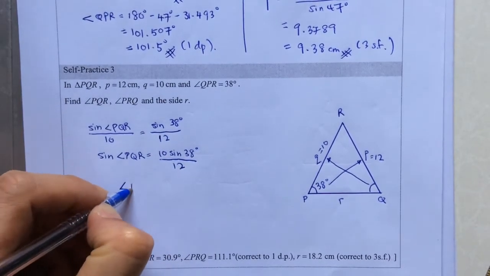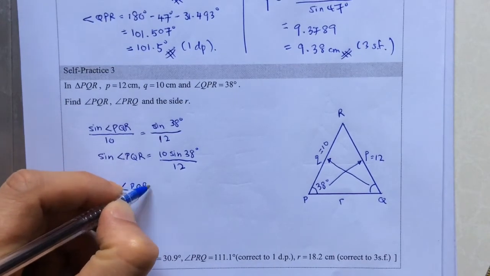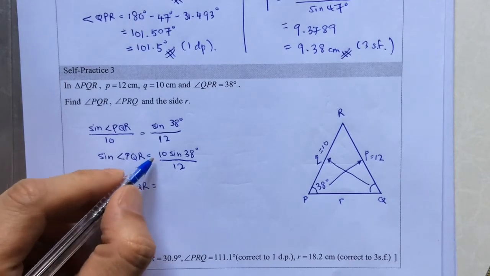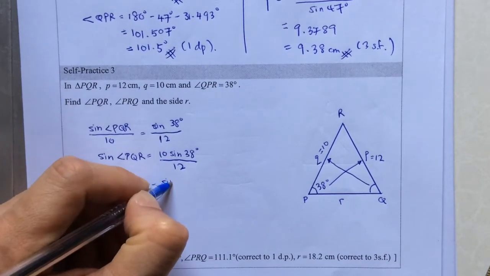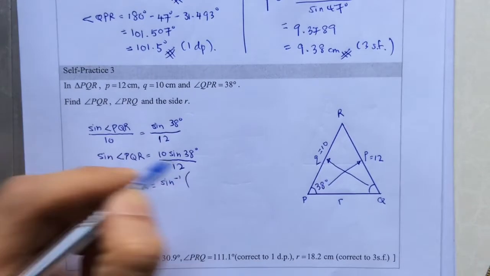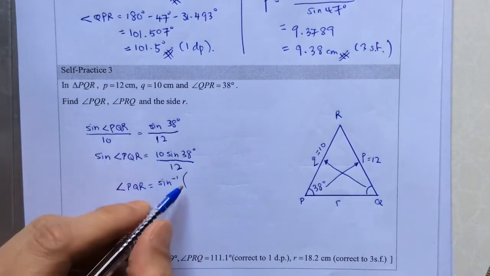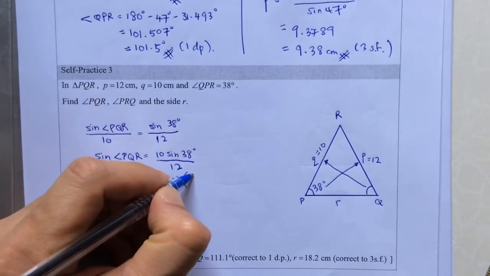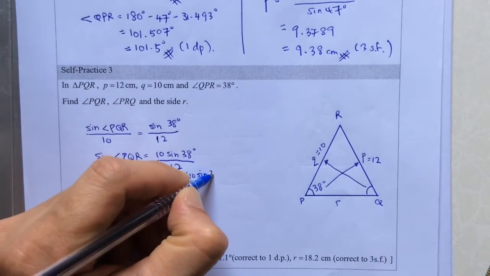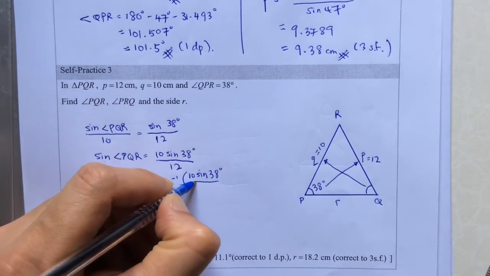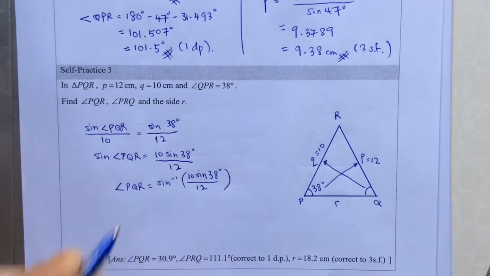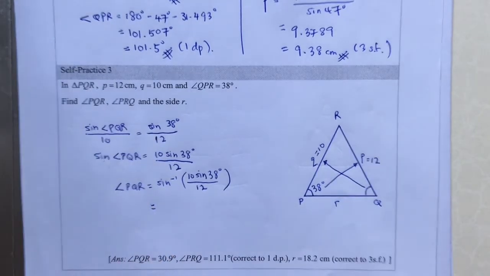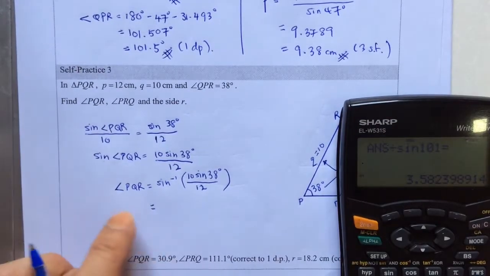And we can find the angle of PQR by moving this sine to the other side, which becomes sine inverse. So sine is moved here, becomes sine inverse of this whole fraction, 10 sine 38 degrees over 12. And when you press the calculator, you should be able to get the value of angle PQR.